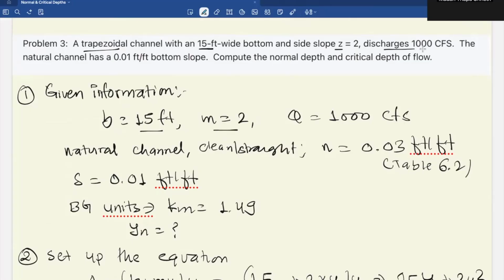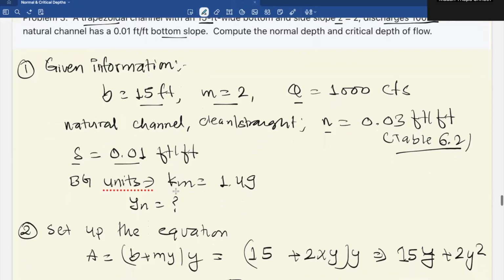We are also given a discharge of 1000 CFS, which is Q. It is a natural channel, that is clean or straight, so n is equal to 0.0 from table 6.2, whereas bottom slope is equal to 0.01 feet by feet.